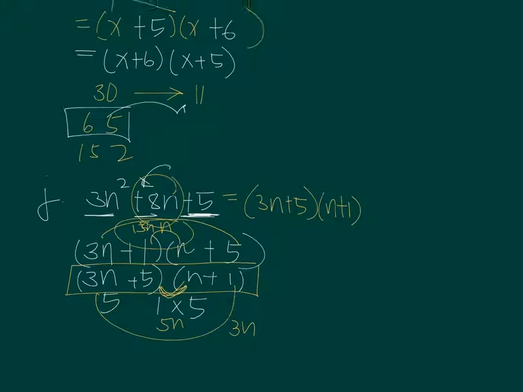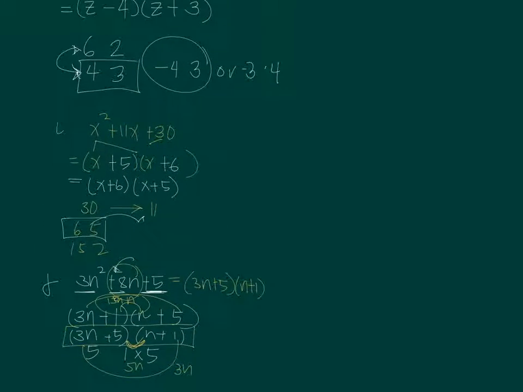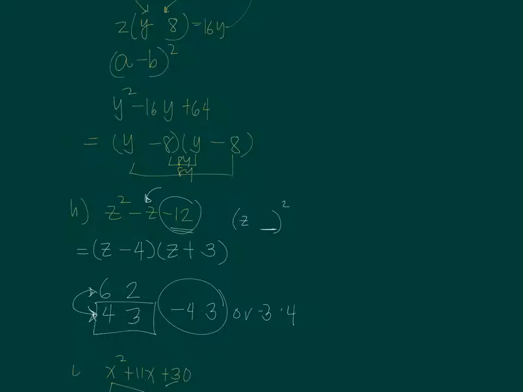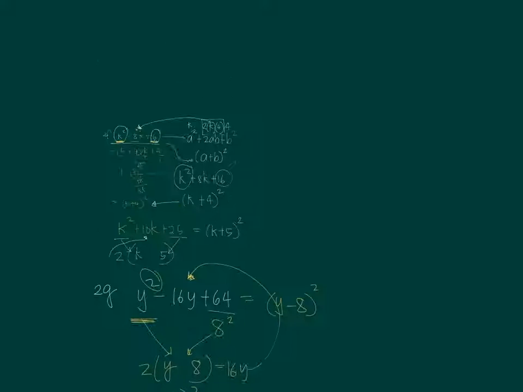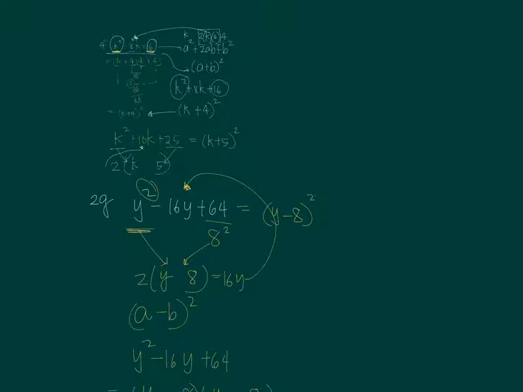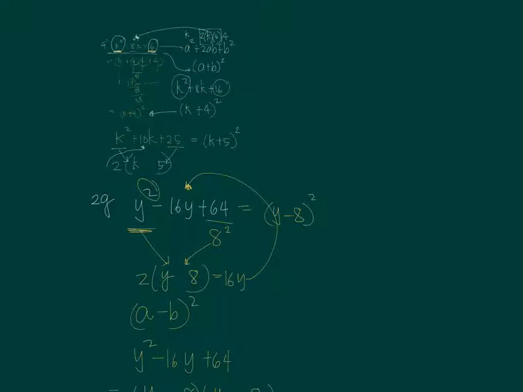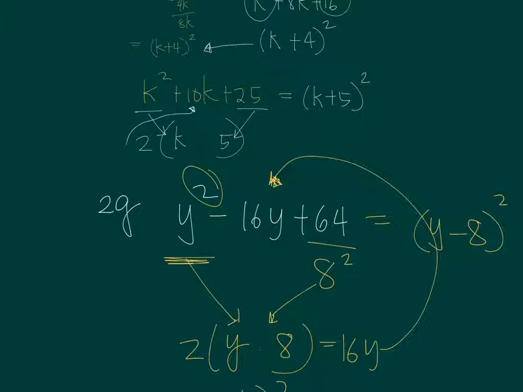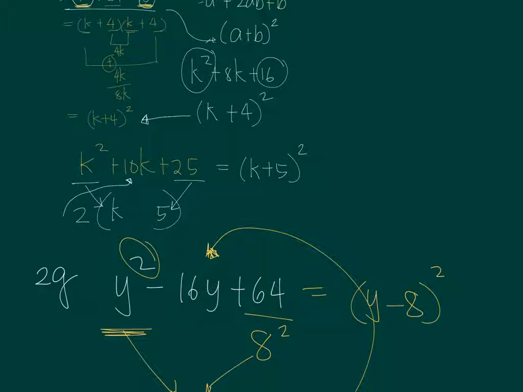You have seen how to factor different types of trinomials. Letter F and G are expressions coming from a binomial square, one with a plus and the other with a minus.